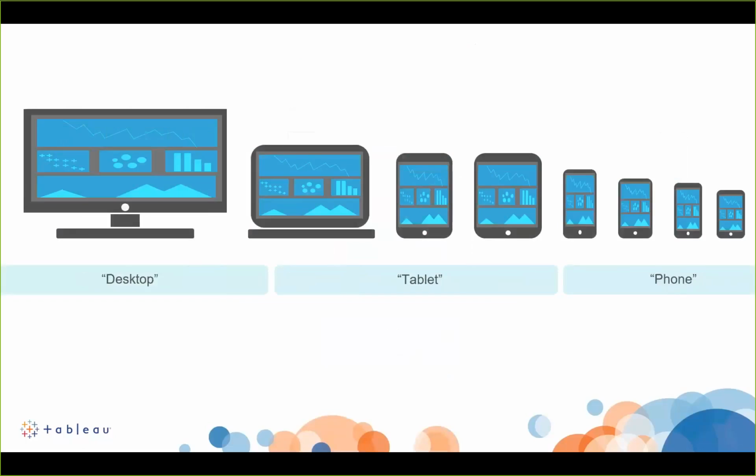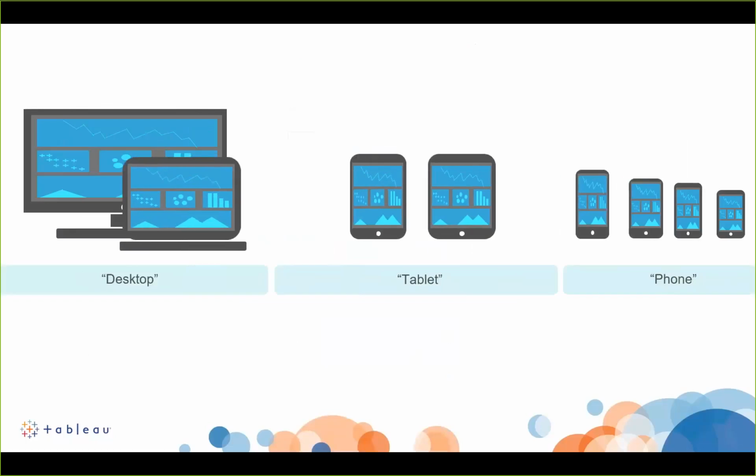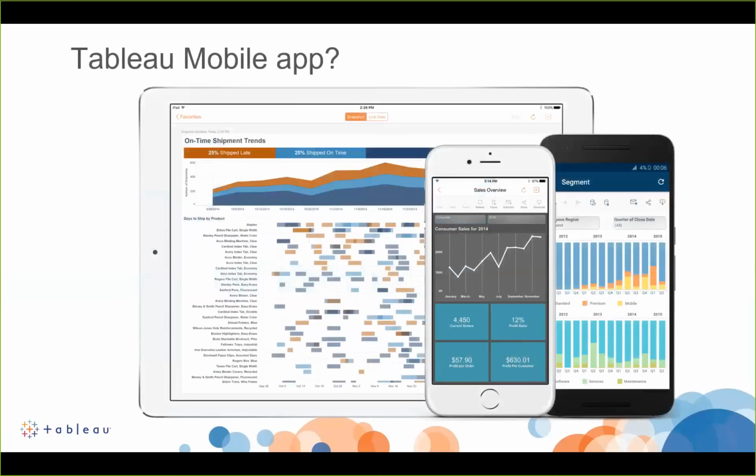So there is going to be some guessing based off of that. There are going to be situations where the pixel height or width may not be the most accurate reflection of what device that is, and that's another reason why we would always recommend using the mobile app.